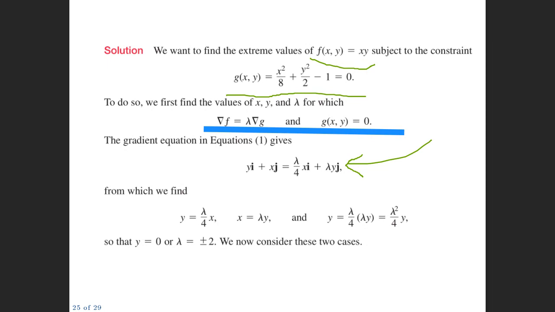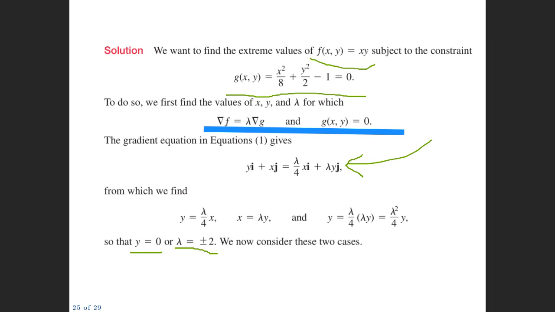Nabla g is a quarter xi plus yj. So y must be the same as lambda over 4 x, and x must be the same as lambda y. From this, we find there are 2 possibilities. Either y is equal to 0, or lambda is plus 2, or lambda is minus 2.